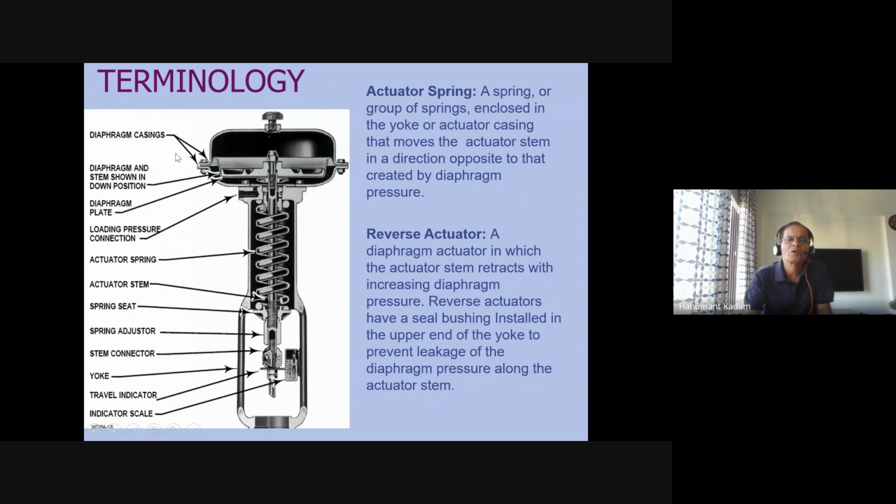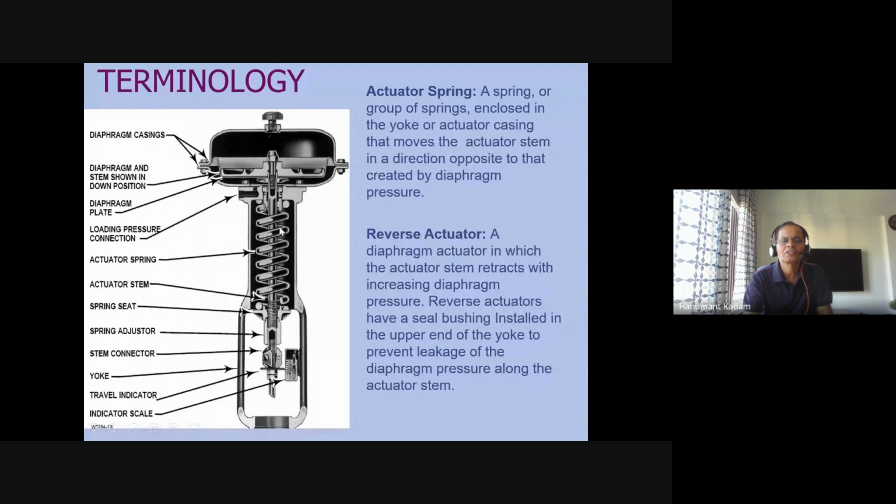So I'm coming from the top, the diaphragm. This is the diaphragm casing. Outside is the casing and inside is the diaphragm. Diaphragm and stem are shown in the down position. You see here, this is the stem. Diaphragm plates, supporting plates. Loading pressure connections; from here you can adjust the spring tension.